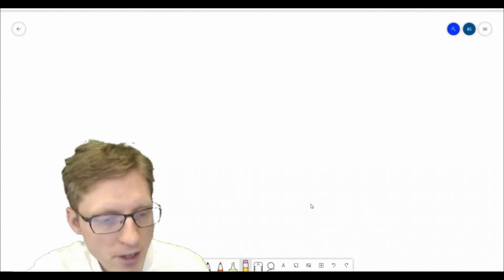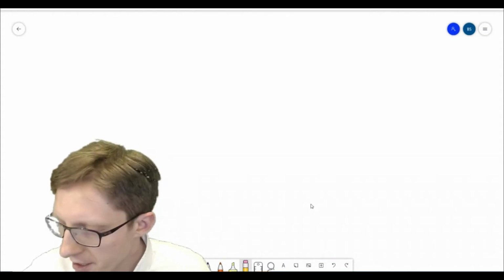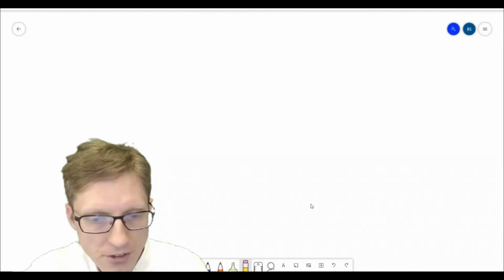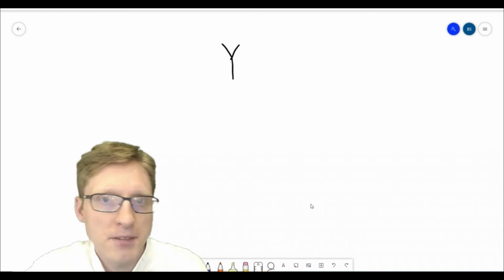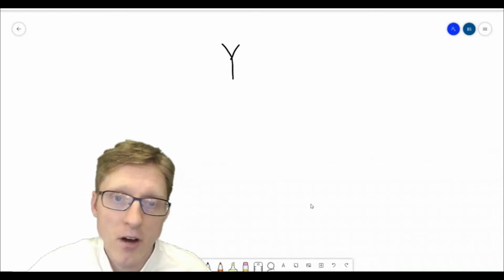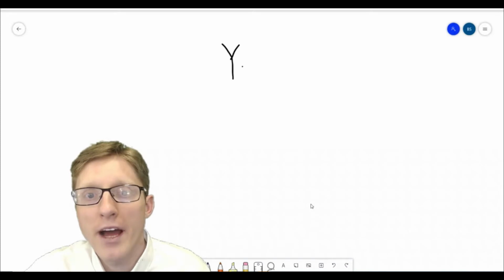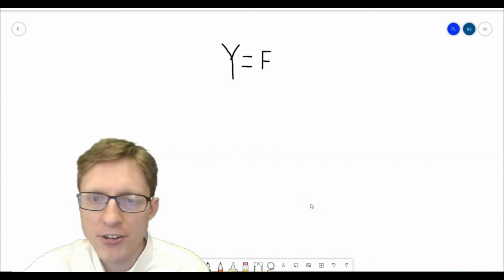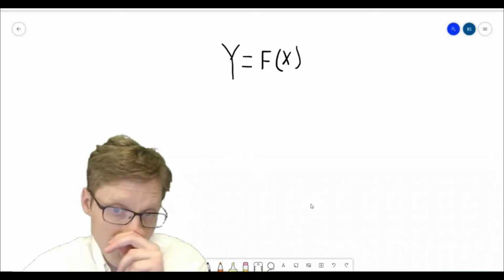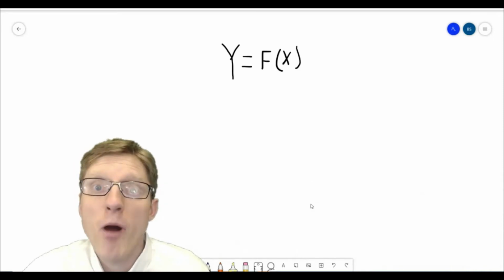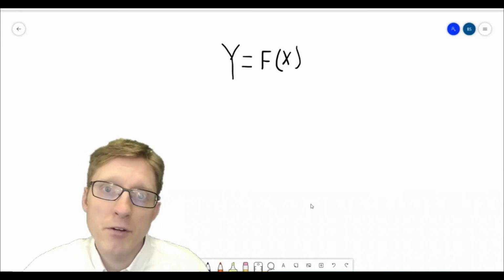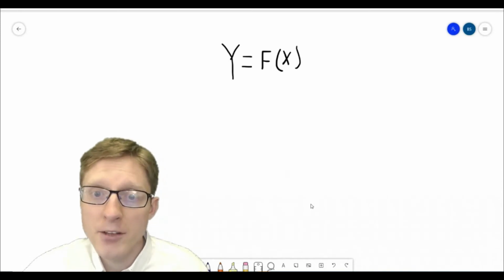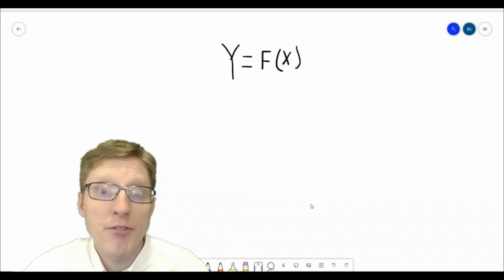So to quickly review, we're going to be using functions. In a general form, you might have some output variable that you're trying to maximize, like profits, or in some cases minimize, like costs. Some output variable y is equal to some function of x. So far I've just written down some arbitrary function f of x. Now when we're trying to solve problems, we're going to use a particular functional form, or a particular actual function of x.